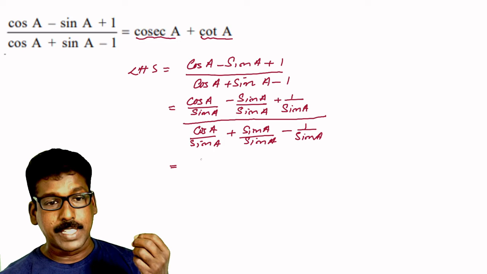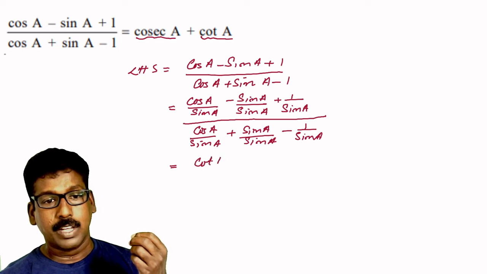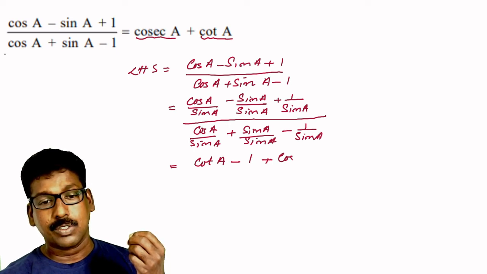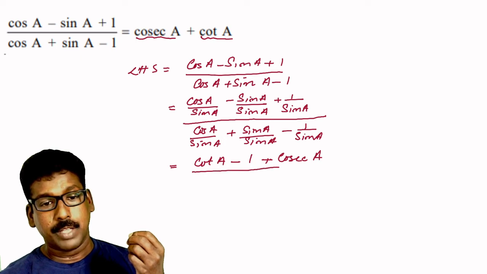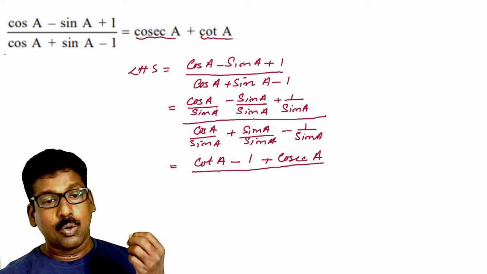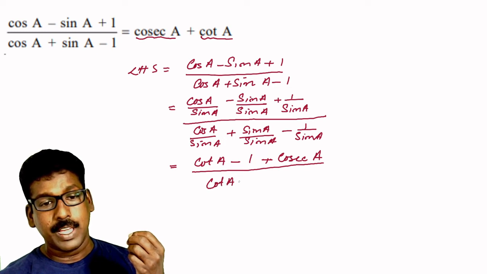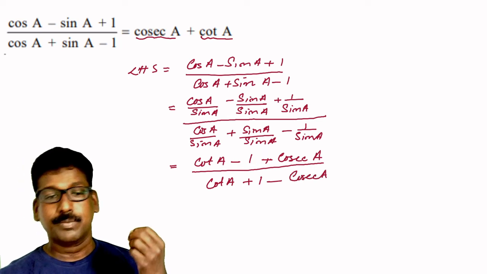So cos a by sin a is cot a, minus sin a by sin a, 1, plus 1 by sin a, that is cosec a, divided by cos a by sin a, again it is cot a plus 1 minus 1 by sin a, cosec.